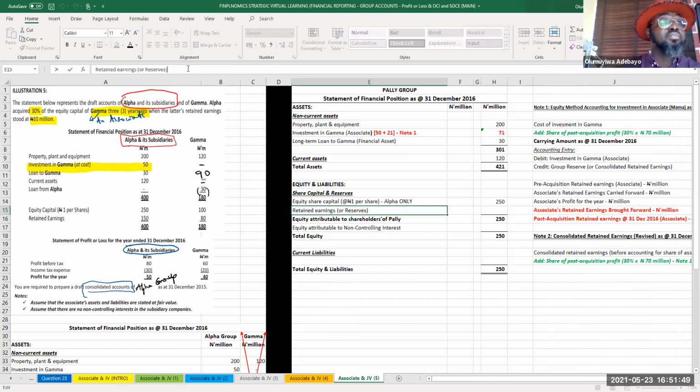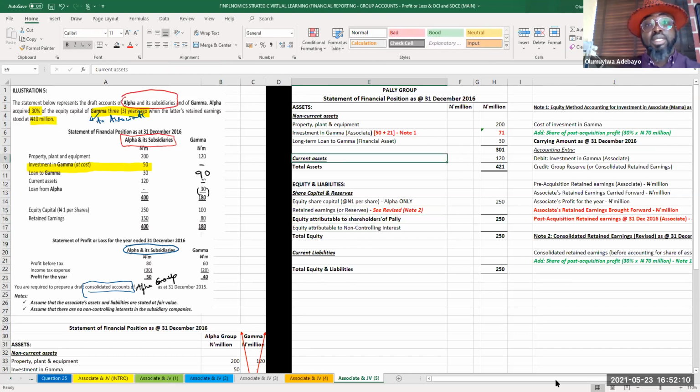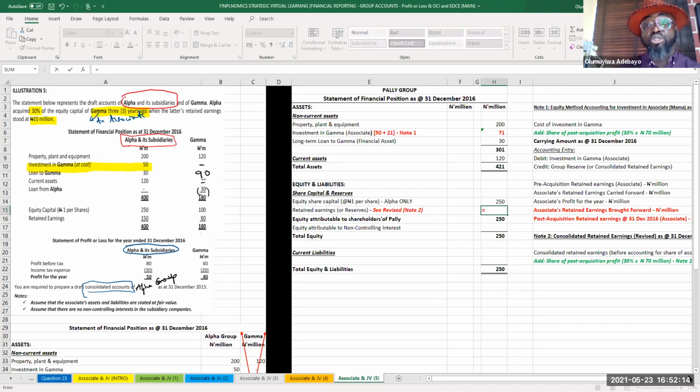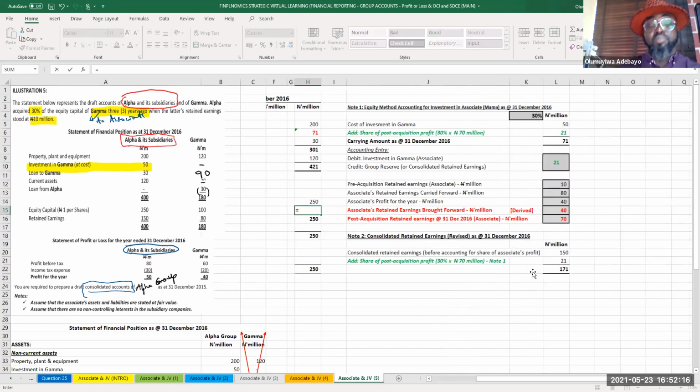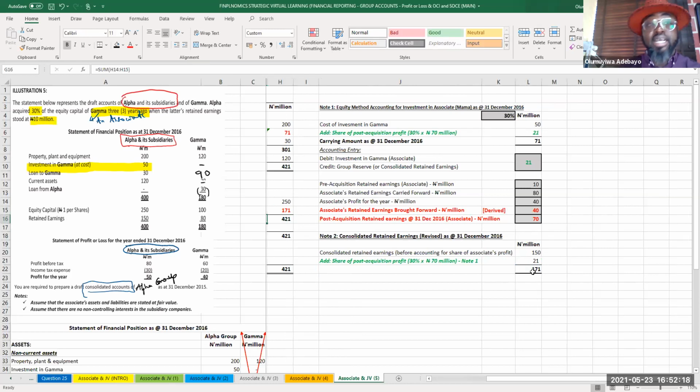We'll come here. See revised note 2. Okay, that is that. I'll link that to my note 2 and have 421.